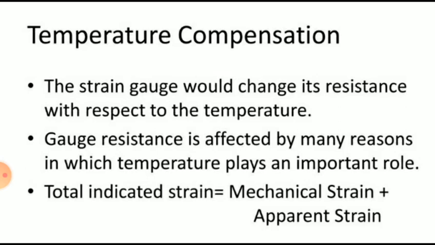Also there is a change in resistance in the lead wiring of the strain gauge, and also a change in the specimen material, or the component on which the gauge is pasted. So resistive type strain gauges are sensitive to temperature variation. Therefore, it is necessary to consider the variation in the resistance of the strain gauge because of temperature changes. That is a factor we have to consider, because there is a temperature change in all the elements of that assembly.